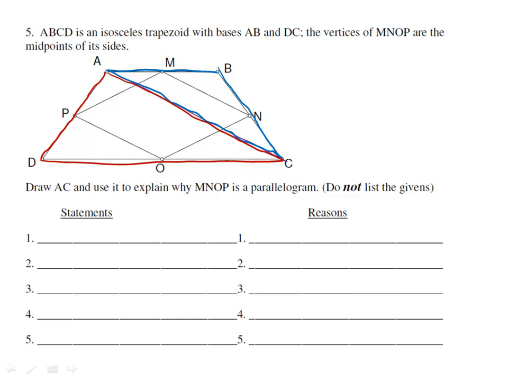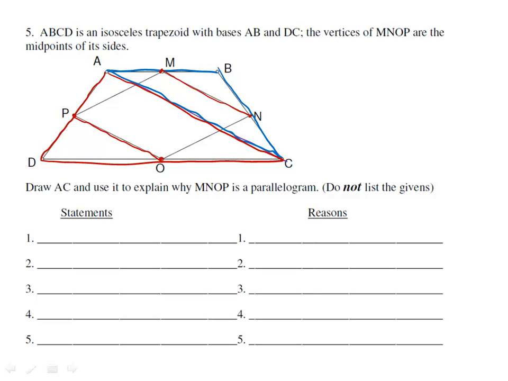Because we also were told that these are midpoints, which means that I have a mid-segment here. That's a mid-segment of triangle ABC, and then OP is a mid-segment of triangle ADC. Well, we know some things from lesson 7-6 about that.